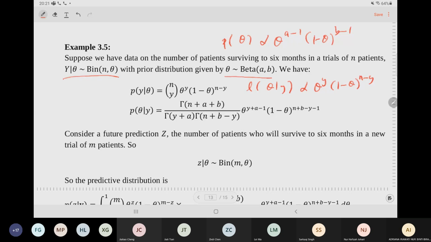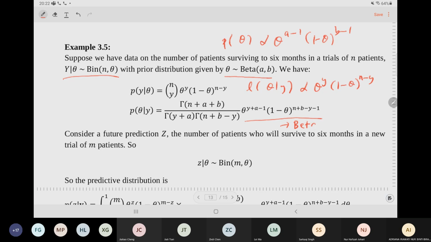So the kernel is actually this part, which is theta to the Y plus A minus 1. So you multiply this and this, theta to the Y plus A minus 1, and (1 minus theta) to the n plus B minus Y minus 1. So what is this distribution? This is actually a beta kernel.